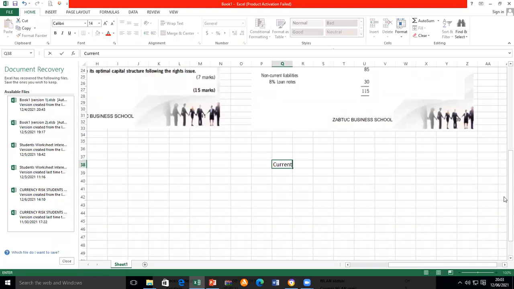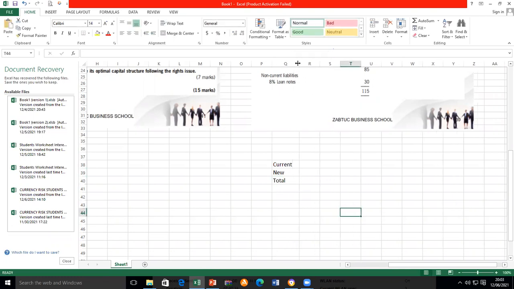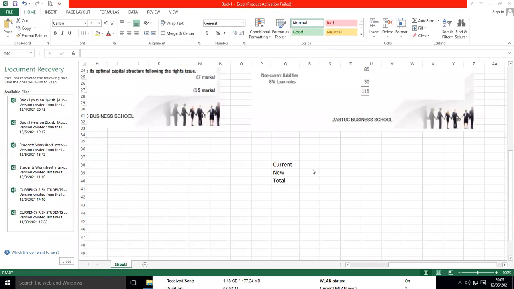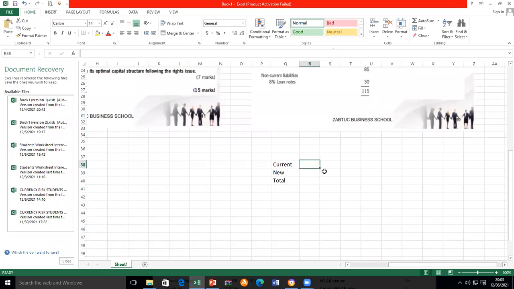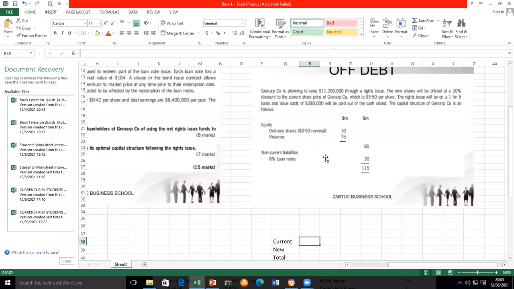Current, new, and you've got your total there. Now, because of the issue costs, work on a total basis. How many shares has the company got currently? You know, 10 divided by 0.5.